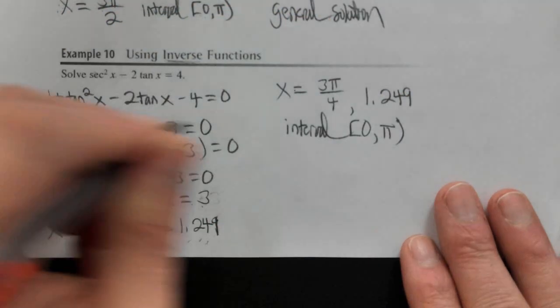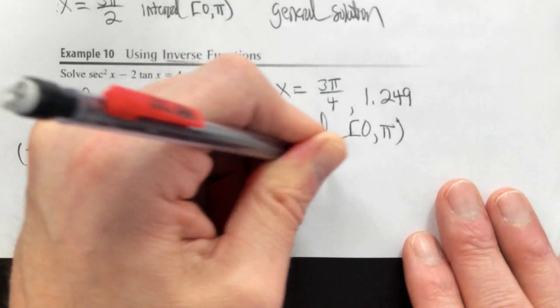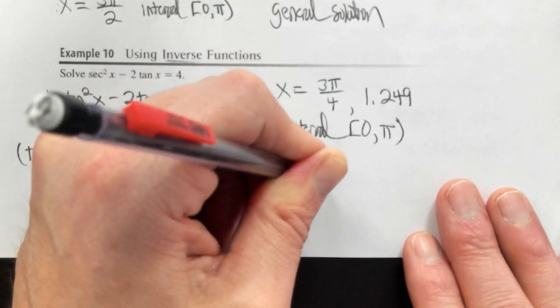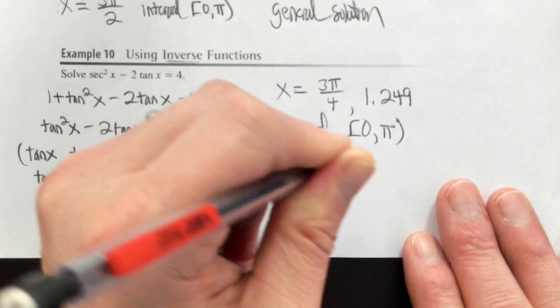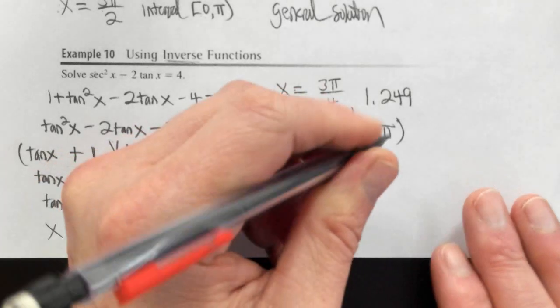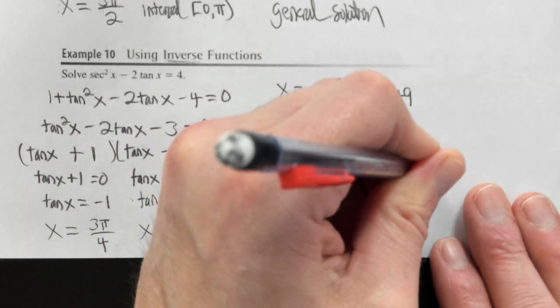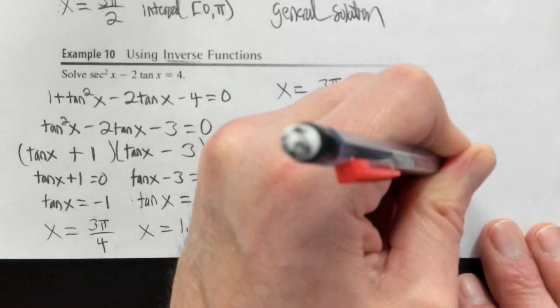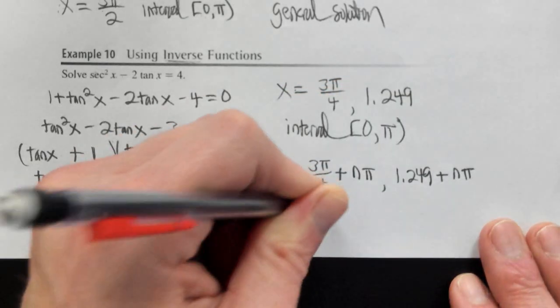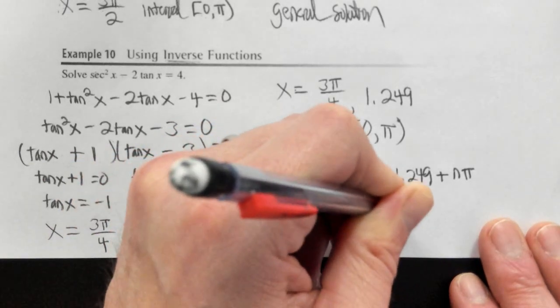Okay. And in general, we'll go 3 pi over 4 plus n pi, as well as 1.249 plus n pi. That's the general solution. Okay.